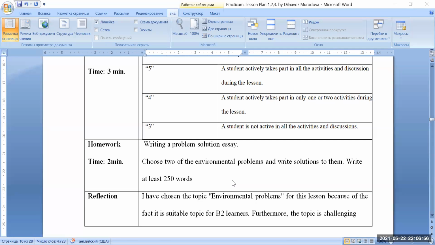You are already 11th grade students. In my opinion, it will not be difficult for you to write such an essay because for your exams also, you have to write such essays. It will be very good practice for you. Do you understand the task, the home task? Yes, it's clear.